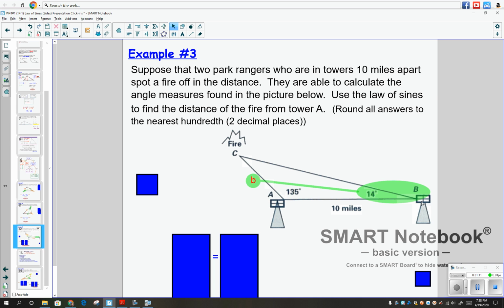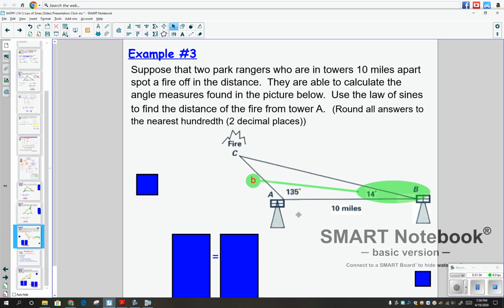That's one. I need another one. Can I use 135? No, because I don't know the side across from that. Well, can I use 10 and angle C? The question is, can I find the measure of angle C? Yes, you can. Remember, three angles of a triangle add up to 180 degrees.